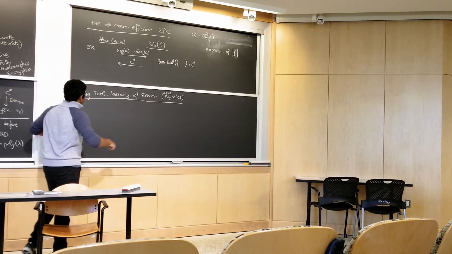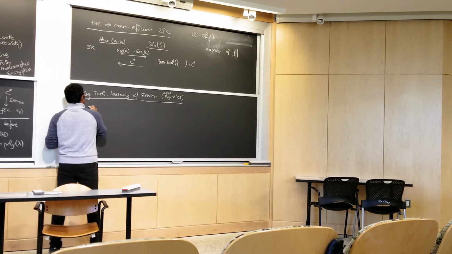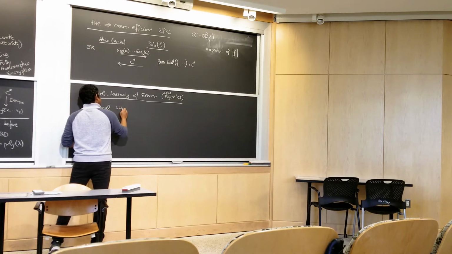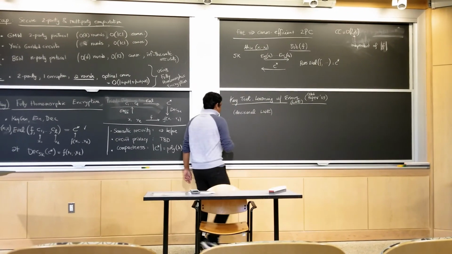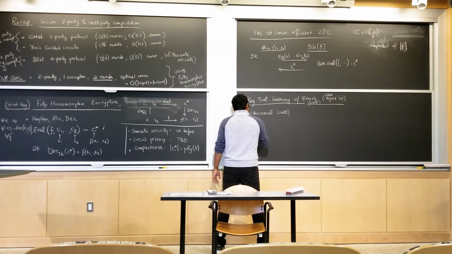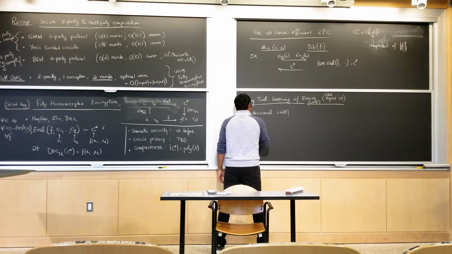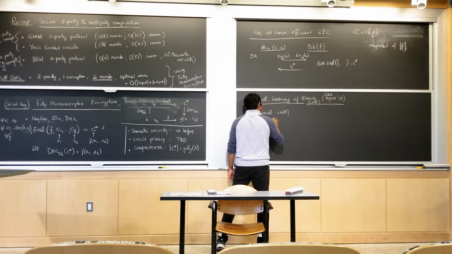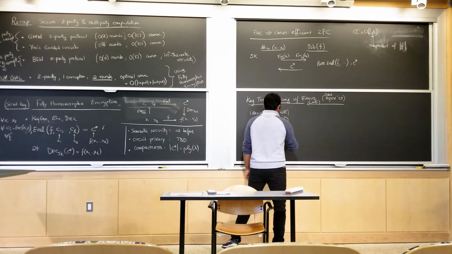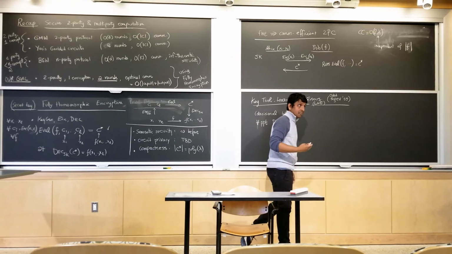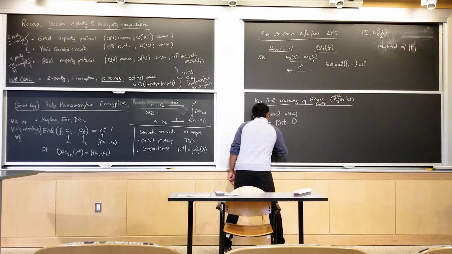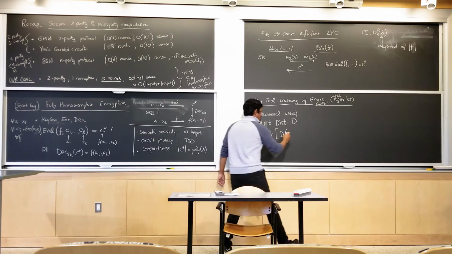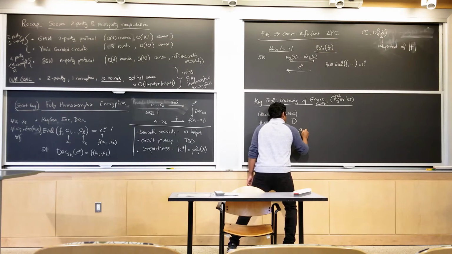Okay. So what is the learning with errors assumption? In fact, I'll mention that we'll use the decisional version, decisional learning with errors. It says that for every probabilistic polynomial time distinguisher D, it cannot distinguish between the following two distributions. D is given a bunch of vectors, A1 and so forth, up to AM.